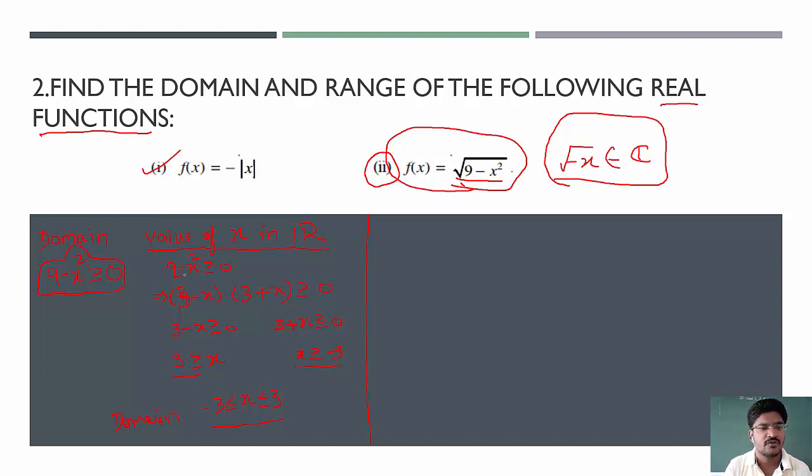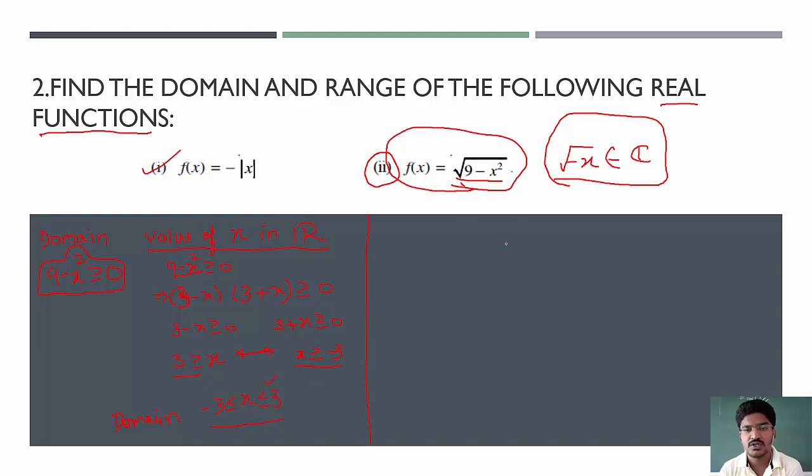If you factorize this, you get these two terms, and further if you simplify, taking minus x to this side, 3 is greater than or equal to x. Here you take 3 to this side, it will be minus 3, so x is greater than or equal to minus 3. From these two terms we get x greater than or equal to minus 3 and x lesser than or equal to plus 3. So this is your domain.